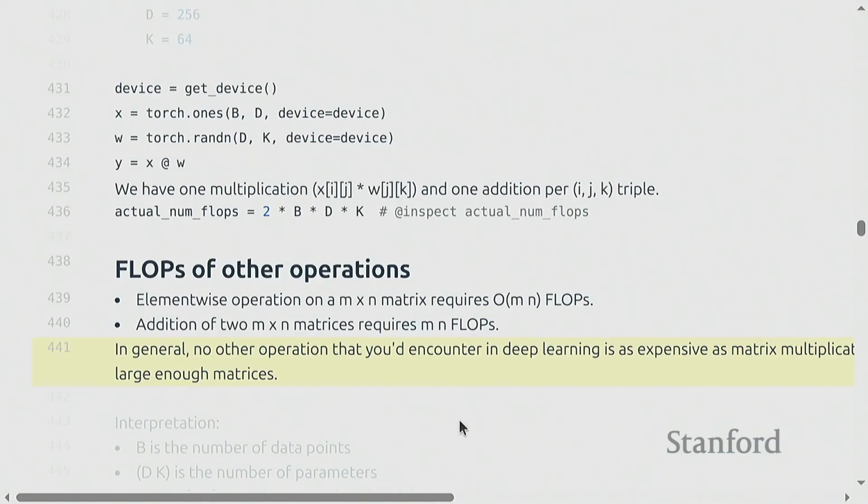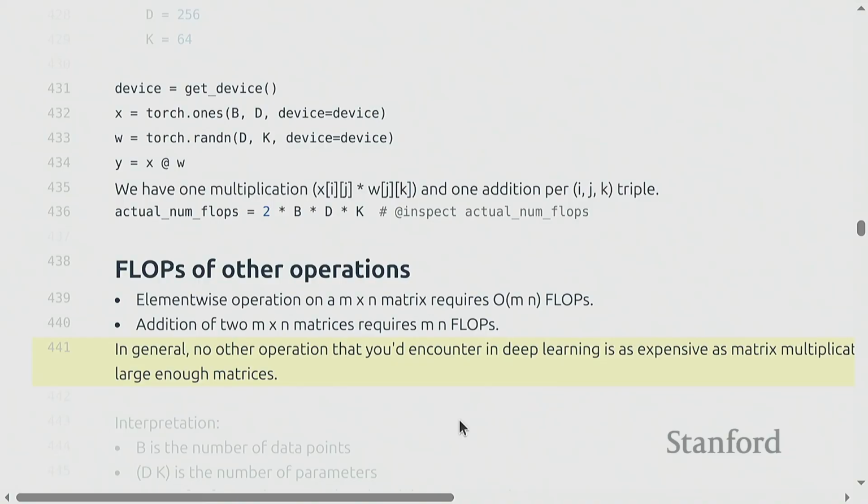Of course, there are regimes where if your matrices are small enough, then the cost of other things starts to dominate. But generally, that's not a good regime to be in, because the hardware is designed for big matrix multiplication. It's a little bit circular, but we end up in this regime where we only consider models where the matmuls are the dominant cost.